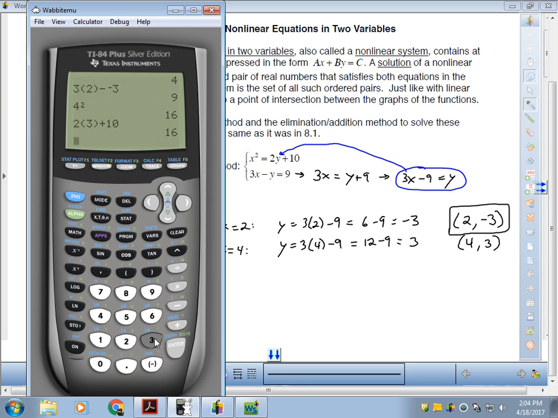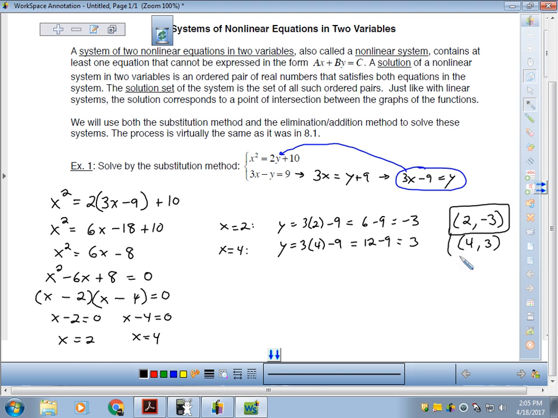Check the second equation. 3 times 4 minus 3, we get 9. That's what we're supposed to get. So that works as well. We end up with two different solutions to the system, both of which are valid. And that happens quite a lot with these nonlinear systems of equations. A lot of times you end up with multiple solutions.